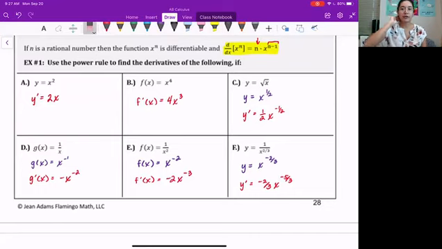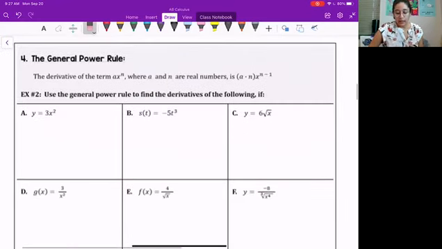Okay, let's make it even a little bit more interesting. All of these functions that we just derived were just my plain old x with an exponent. Now, general power rule. I might have a coefficient in front of my variable. It's the same rule. When I bring my exponent to the front, all I'm going to do is multiply it by whatever coefficient was already there.